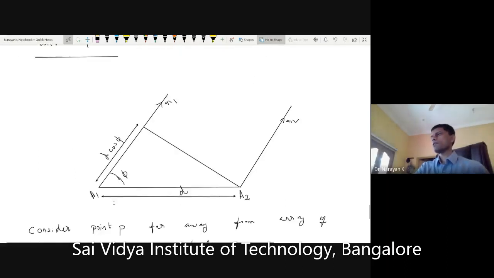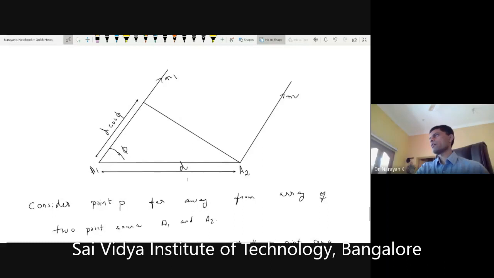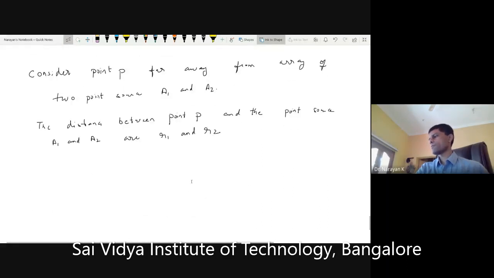That is, between A1 and point P, the distance is R1, and the distance between A2 and point P is R2. Okay.